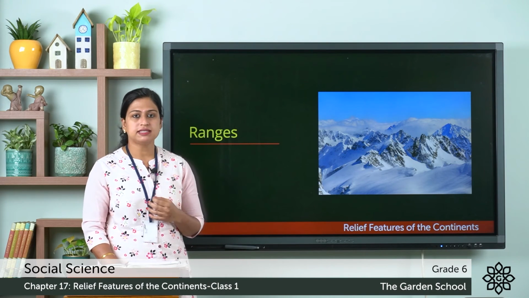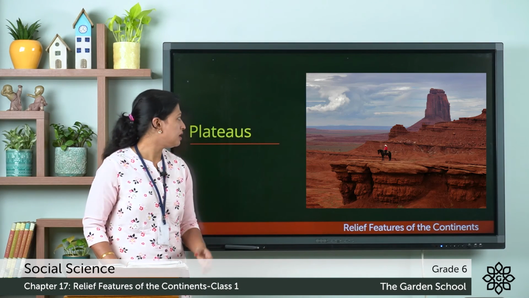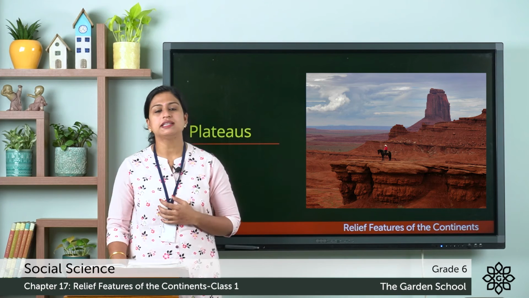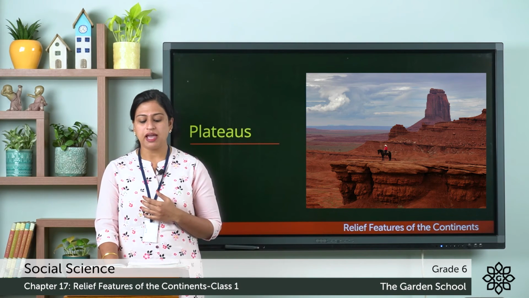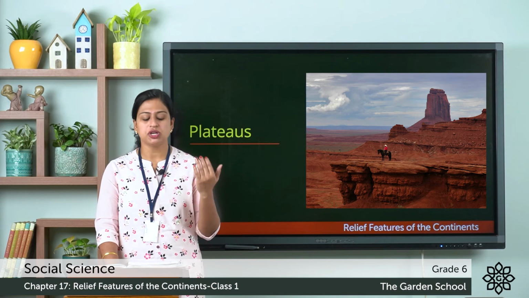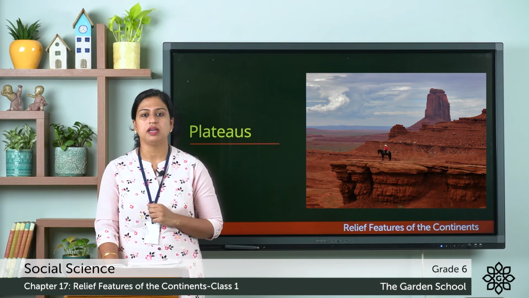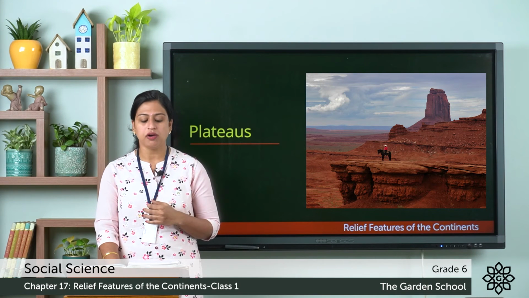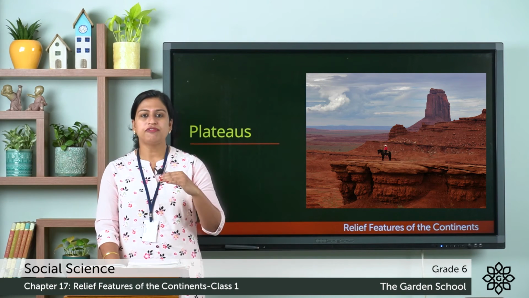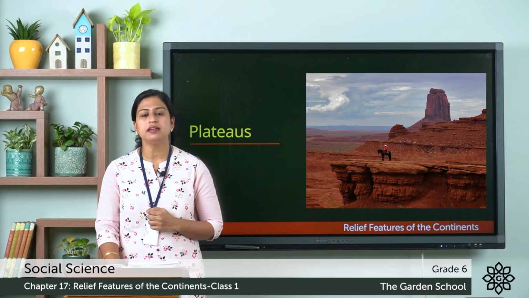Now, the next relief feature is the plateau. So, what do you understand by plateau? A plateau is a flat area of land that is raised much higher than the surrounding area, and it is also known as the flat topped mountain or tableland because the flat top looks like a table.